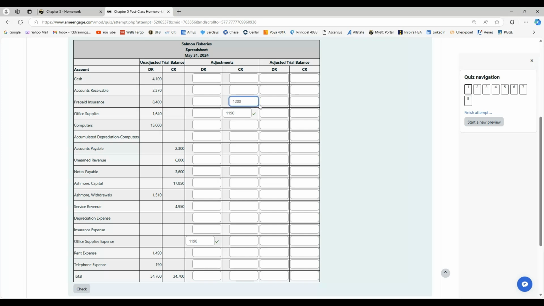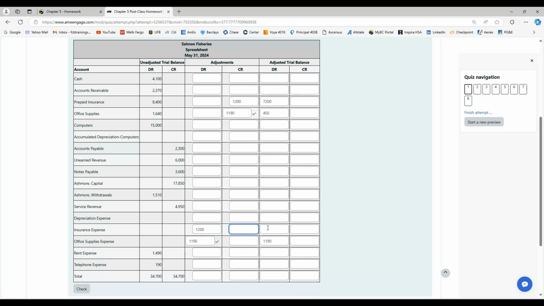So I guess I should put my adjusted trial balance figure in here. So this, minus that, and same down here, our office supplies expense. But we're going to reduce our prepaid insurance by 1,200. We're going to go in here with insurance expense for 1,200, and that will leave us with 7,200.